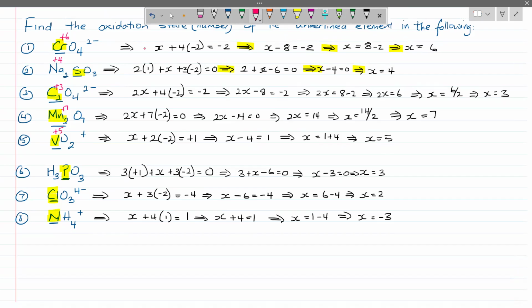Oxygen is -2. There are 3 hydrogens though. So we have to do 3 by +1, 3 by -2. We representing the p with a x. The overall charges are 0. We will then work out 3 minus 6. That'll give us -3. Move the -3 across the equal sign. We're going to get x is equal to +3. So this is our +3.